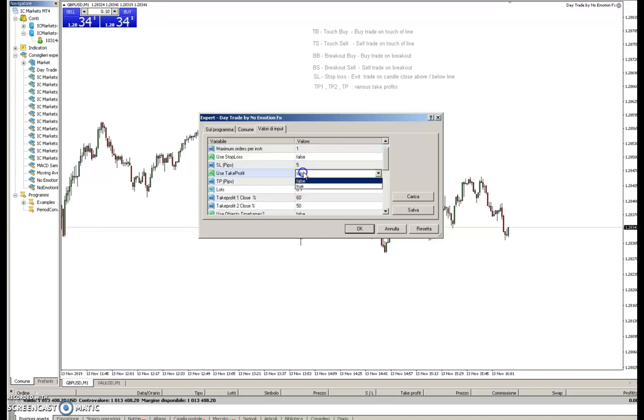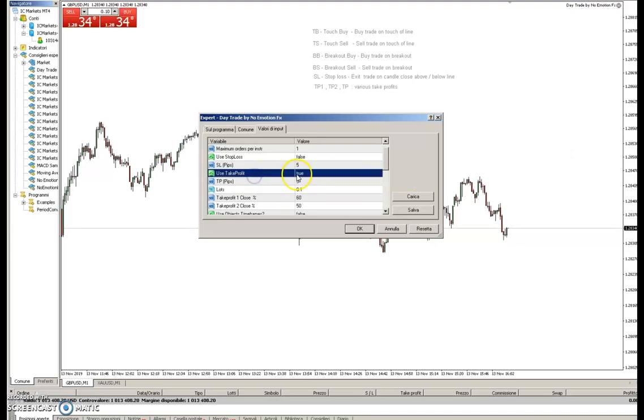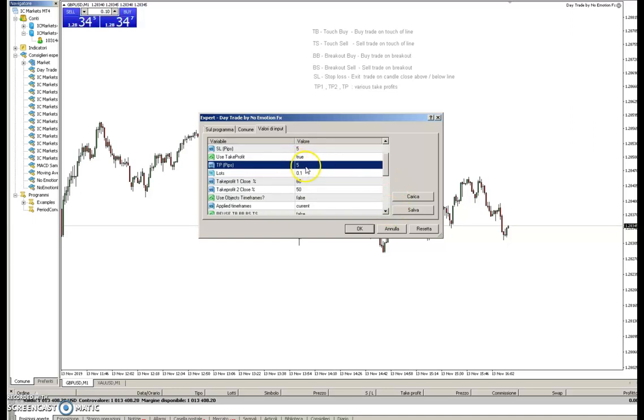Then here you can decide to use take profit. This is the number of pips, you can change it, you can use as per your choice the number of pips you want to use as take profit. And apart from this you can also use our trend lines as take profit levels.